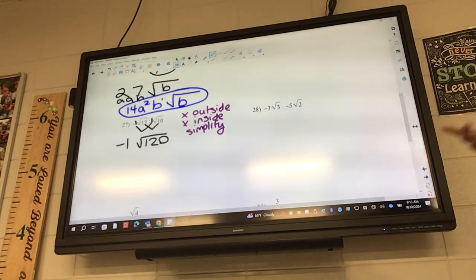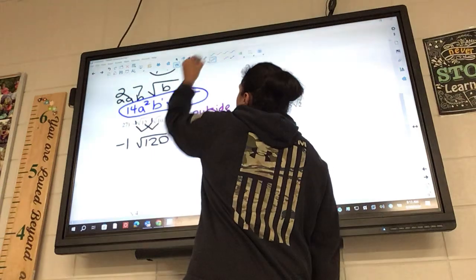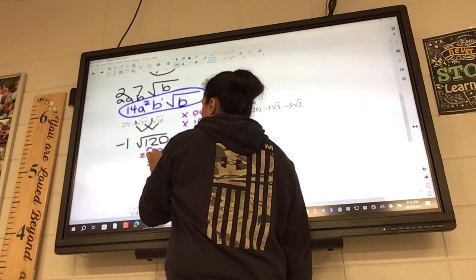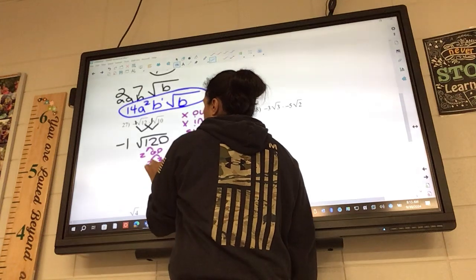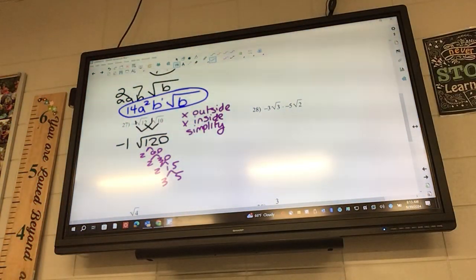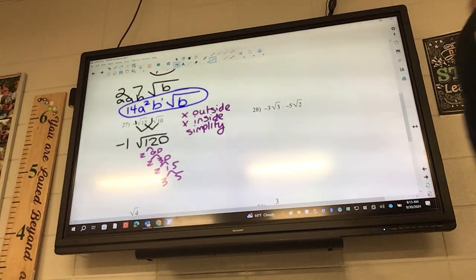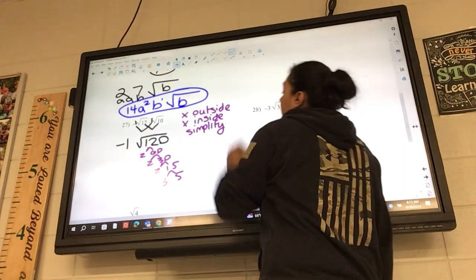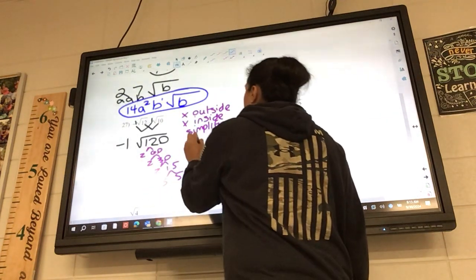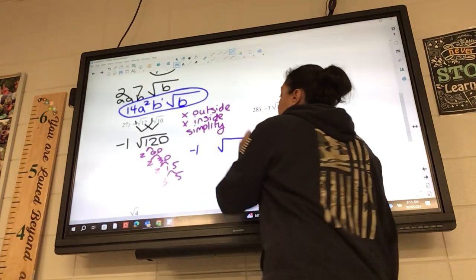What are some factors of 120? 2 and 60, 2 and 30, 2 and 15, 3 and 5. Okay, what are we gonna do with that negative 1 out front? We're gonna bring it down. So it's gonna look like negative 1 and then a square root for sure.